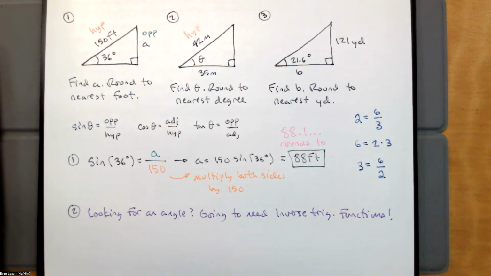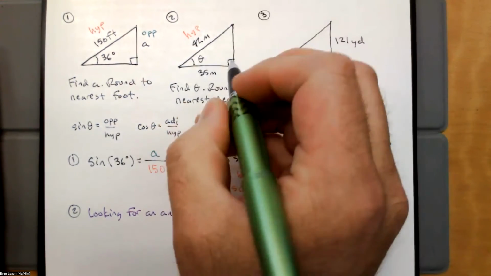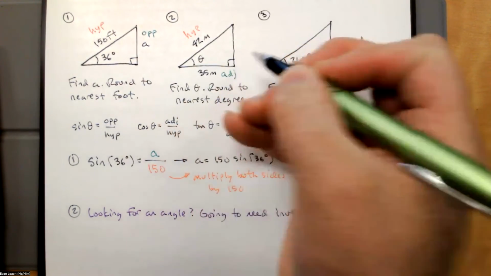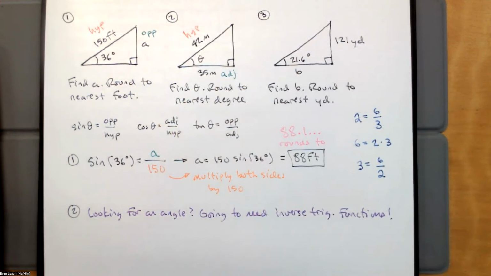Looking at the angle we're looking for, theta, the other side that we're given is 35. And what is 35 relative to the angle theta? It's adjacent. So this vertical one is opposite, and this one is adjacent. So we're looking for a trig function that involves adjacent and hypotenuse.